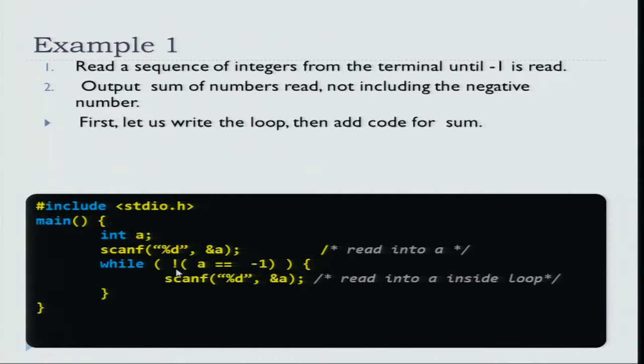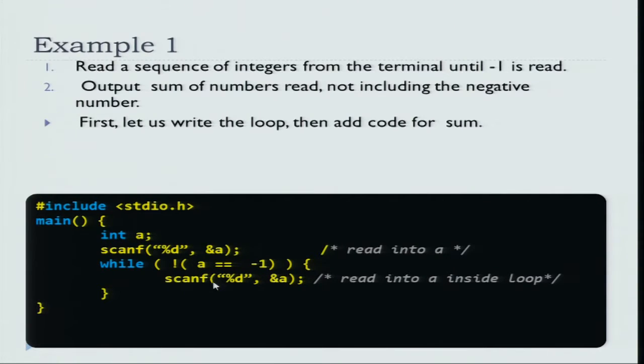If the number is not -1, so if a equal to -1 is false, then you read one more number. After you read one more number, you do not finish the loop; you go back and test whether the loop condition is still true. So, you check whether the second number you read was -1 or not, and you keep on reading until you hit a -1.